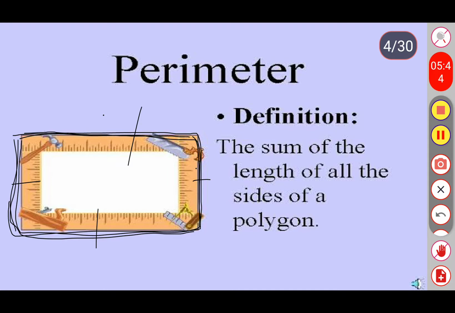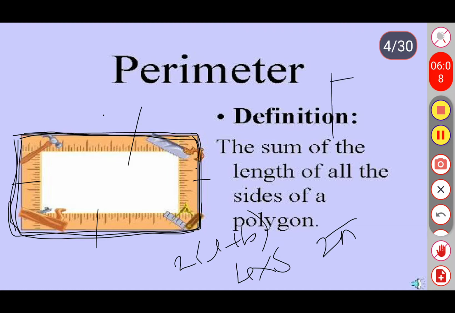For perimeter also we are using different formulas for different figures. For example, for rectangle we are using 2 into (L plus B). For square we are using 4 into side, because in a square all four sides are equal, no?